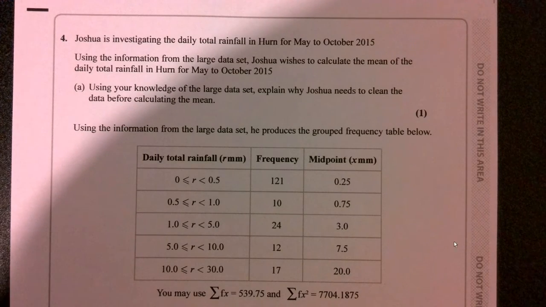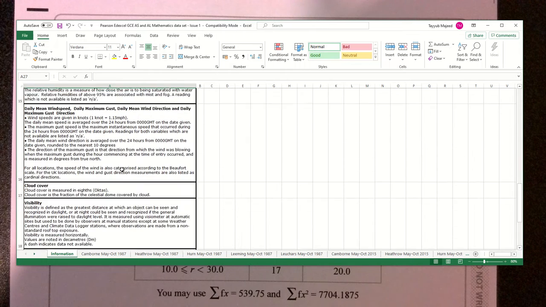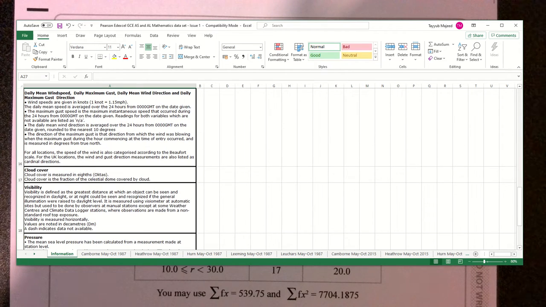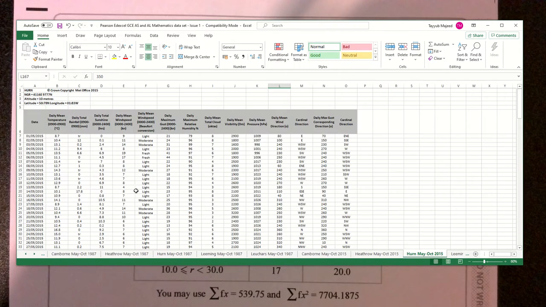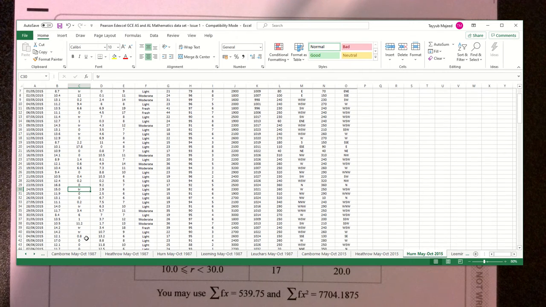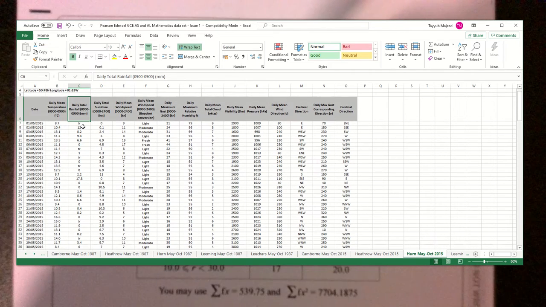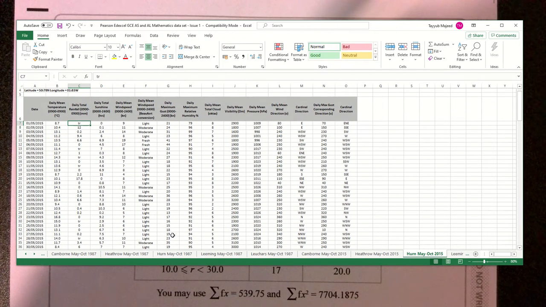Well, if we actually take a look at the dataset, we're looking at Herne May to October 2015 shown here, and you'll notice, for example, here and in other parts in this category of daily total rainfall, we have these TRs, which stands for trace.